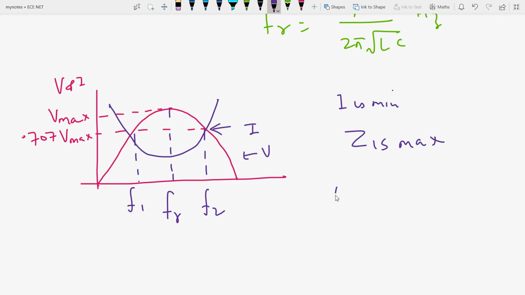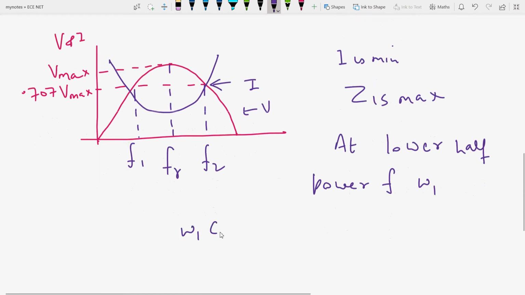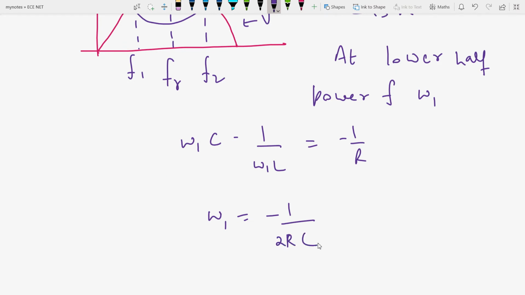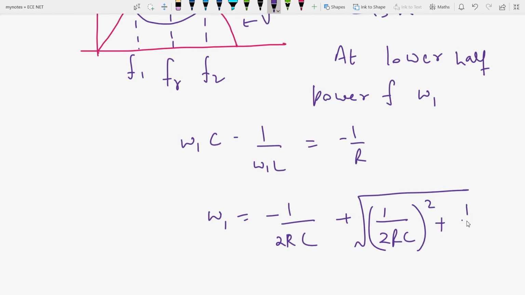At the lower half power frequency, omega 1, omega 1 C minus 1 upon omega 1 L is equal to minus 1 by R. Calculate its value: omega 1 is equal to minus 1 by twice RC, and solving this quadratic equation, plus under root of (1 upon twice RC) whole square plus 1 upon LC.